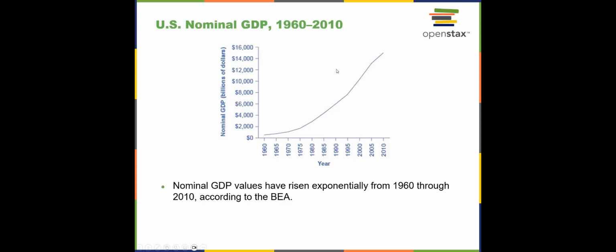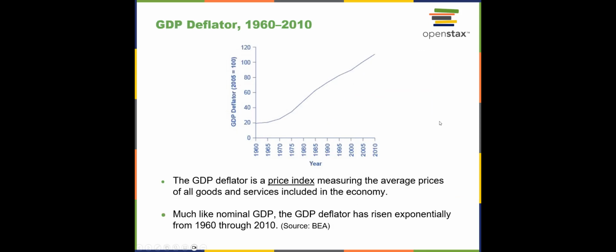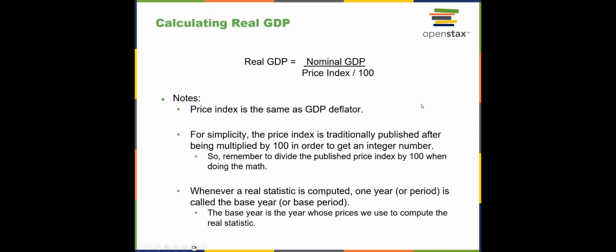US nominal GDP has risen exponentially from the 1960s through 2010. And the GDP deflator, which is a price index measuring the average prices of all goods and services, also rises from the 1960s to 2010. We have learned how to calculate real GDP given the quantities and prices, but there is an easier way to calculate real GDP, which is using the GDP deflator equation.